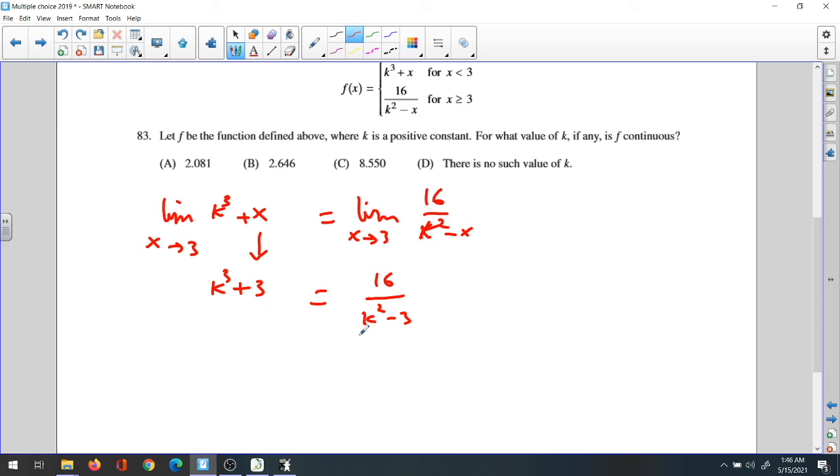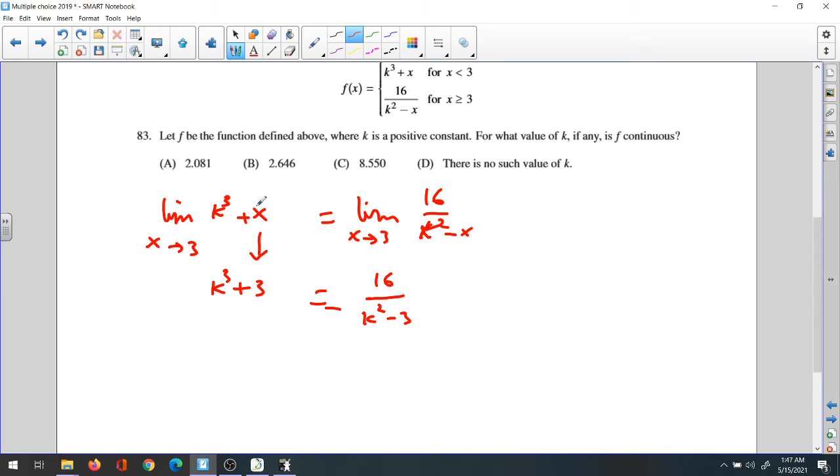That's the before-the-last part. So if the function is continuous, both sides must be equal.